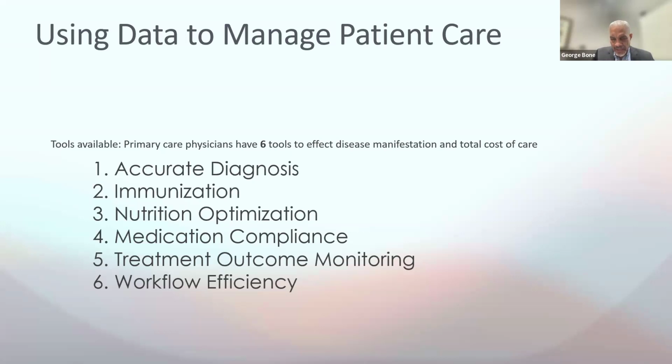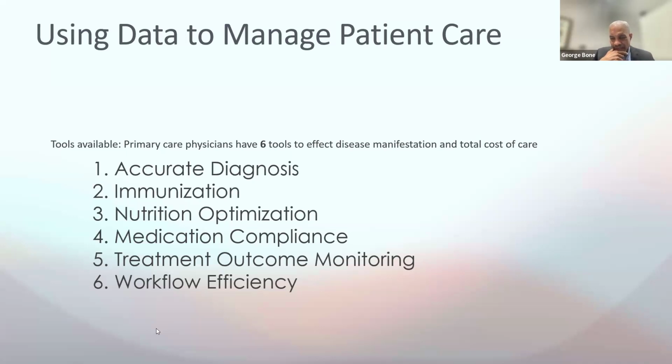The third is nutrition optimization. We are a selectively overnourished population geared to survive in an undernutrition environment. So obesity and selective malnutrition abounds in society. So seeking this out and correcting it is an important tool in our armamentarium.